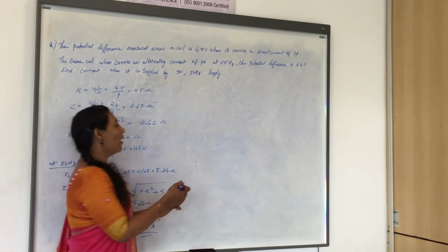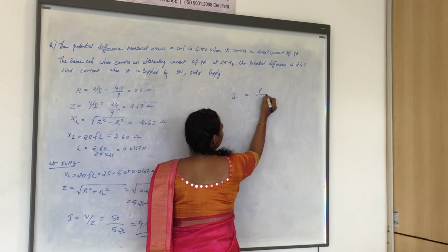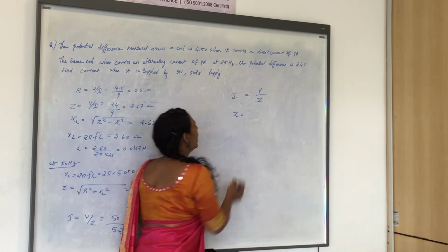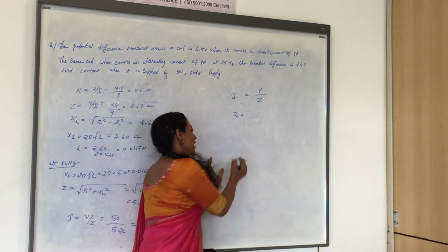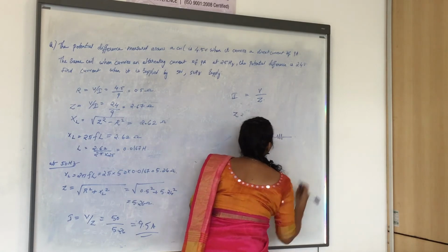For finding current, I is equal to V by Z, where Z is, it is a coil. Coil means it consists of an inductor and resistor wire.